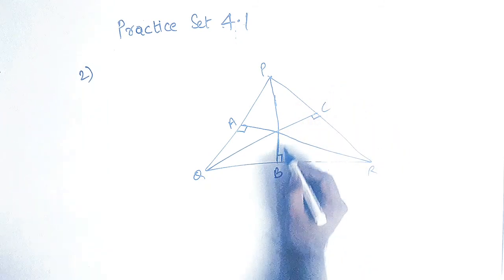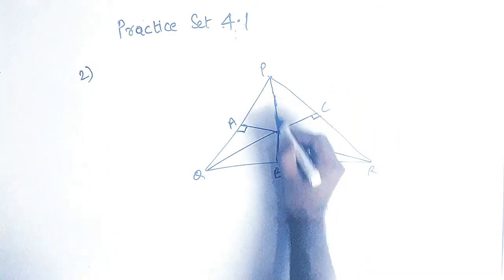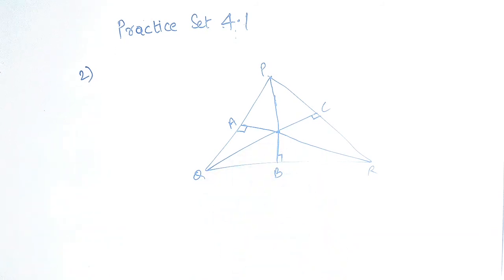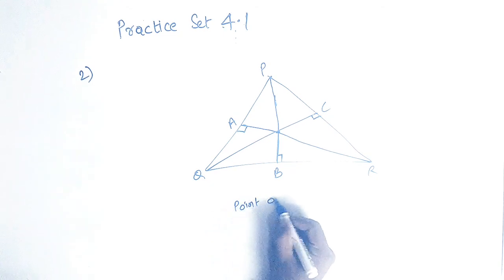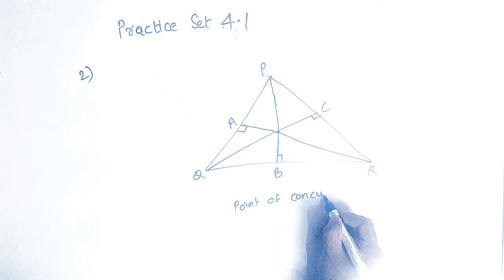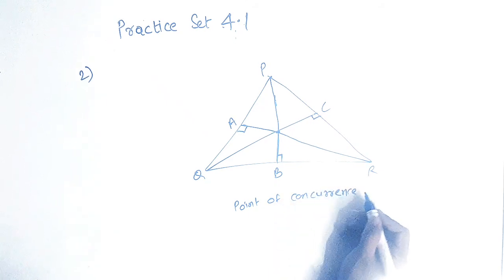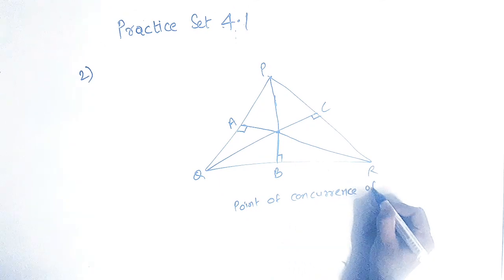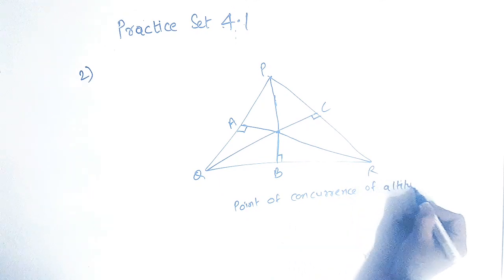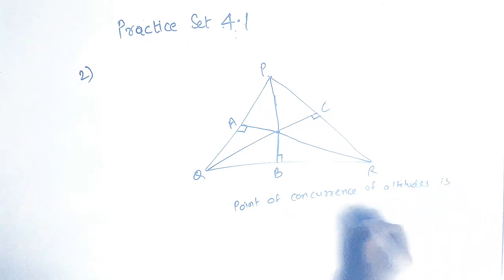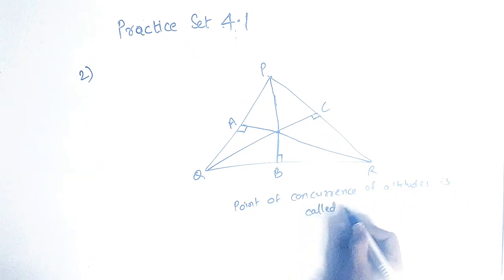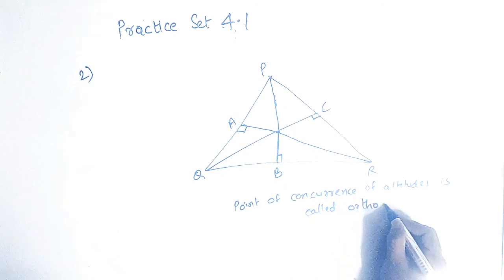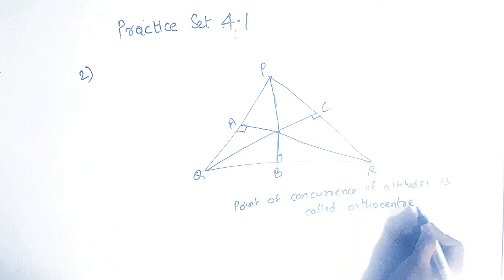Now the point at which all three altitudes meet is called the orthocenter. The point of concurrence, which simply means where three lines meet, of altitudes is called the orthocenter.